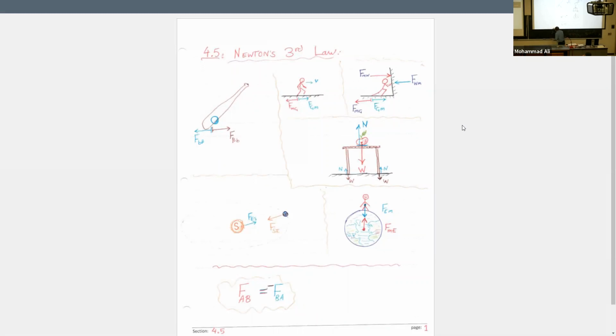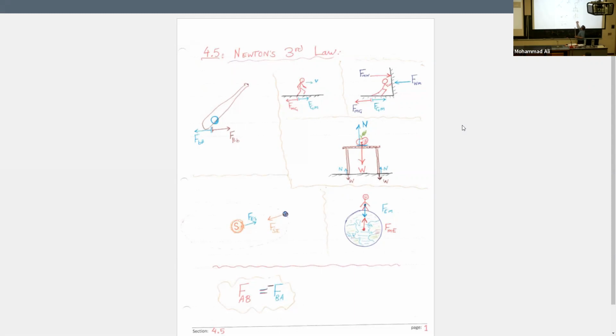If we have 50 newtons and 50 newtons, we have a balance, but if your force is larger than mine, then you will pull me in your direction. This is also an important thing.